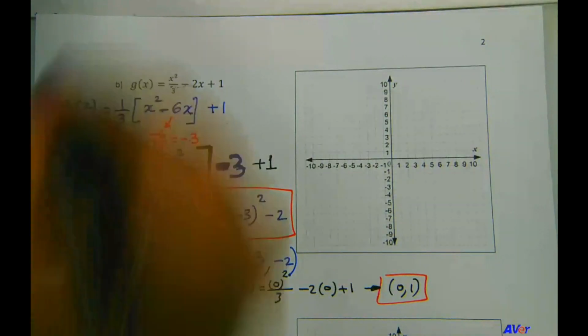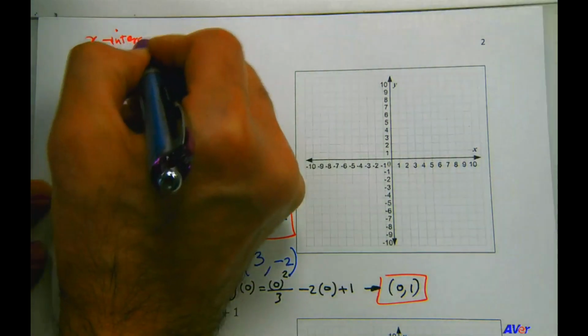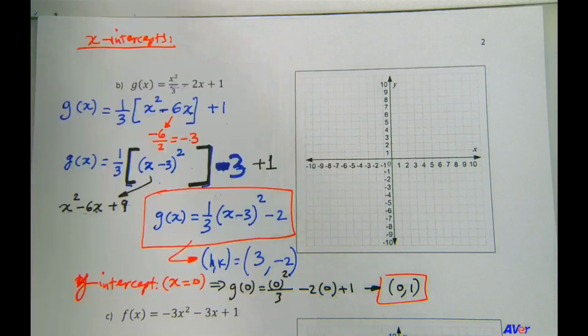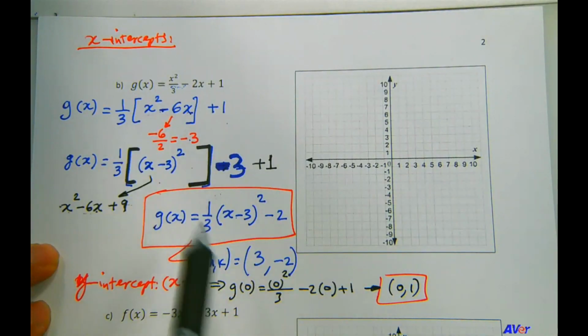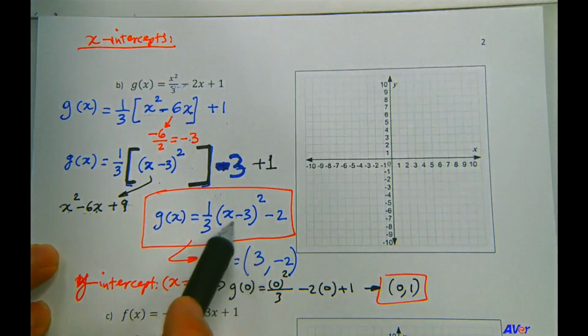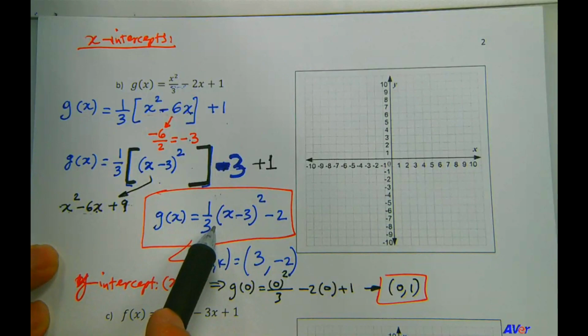So the x-intercepts we can calculate using, let's use this form because it's easier. Let's not use the quadratic formula. Let's use this to find the x-intercepts.